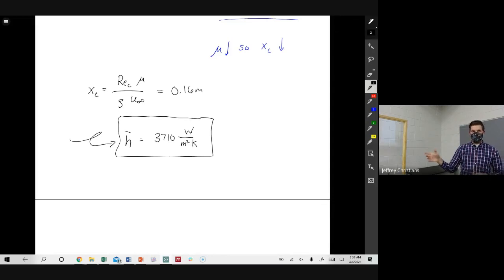But there are other ways that we can trip turbulence. You could do something to the fluid to lower the viscosity, that maybe doesn't change other fluid properties that much, but makes it thinner.